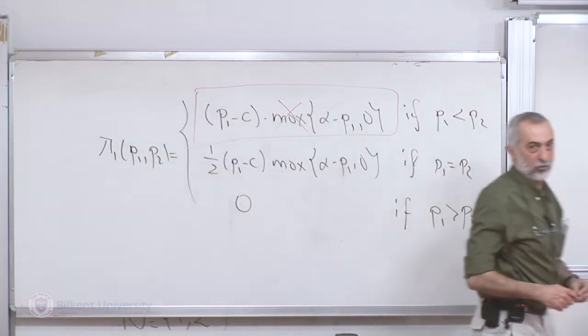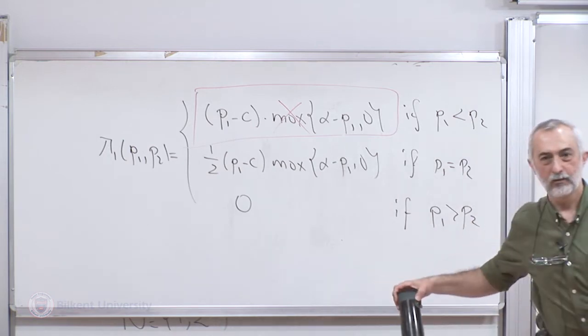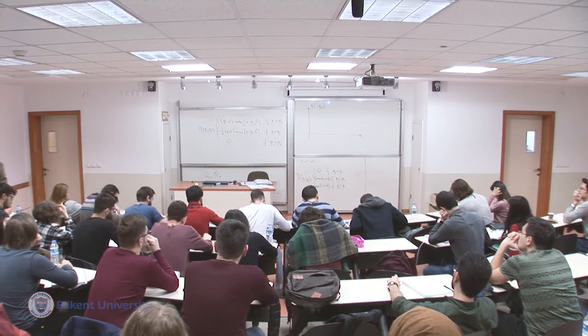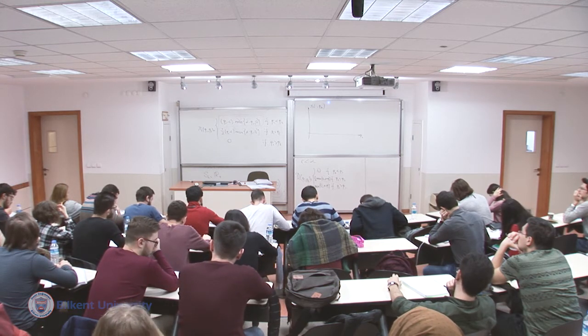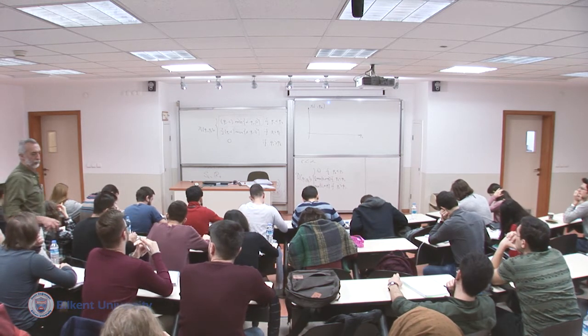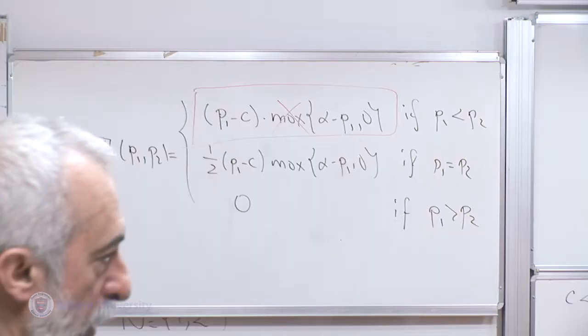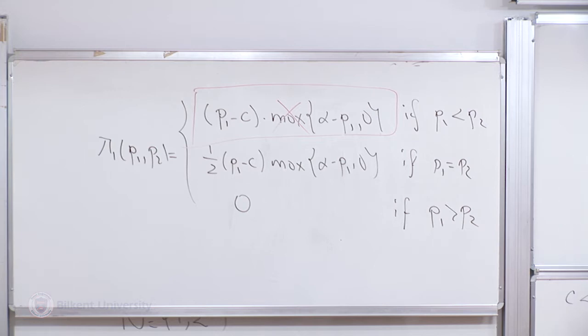Then that function should be a very simple function that you even know from secondary school. What kind of an animal is P1 minus C times alpha minus P1 as a function of P1? It's a parabola, right? And we know how to draw parabolas.